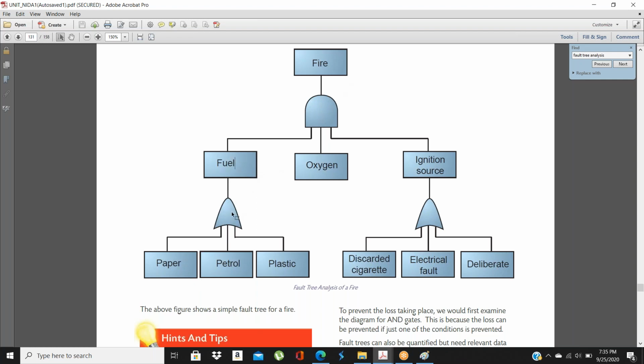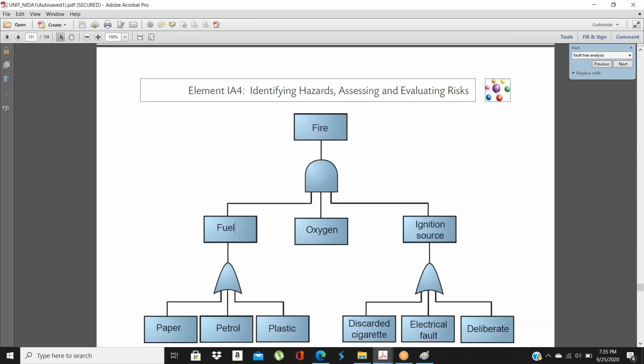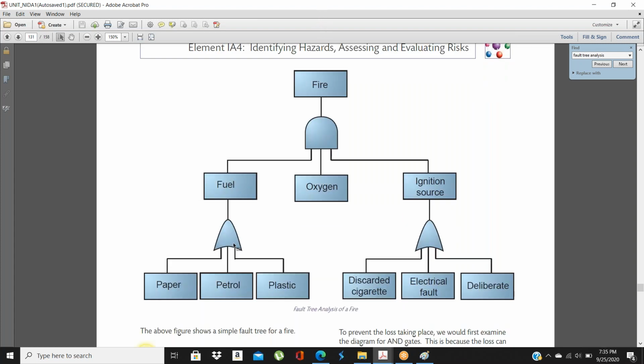This is only a simple system, because if you are doing this for a complicated process, it will go over multiple pages, and for that we use other symbols, like the diamond and the triangle. If the page is finished, we put a triangle and carry the branch to another page, where it starts again. For a complex system there are multiple causes for the accident to happen.